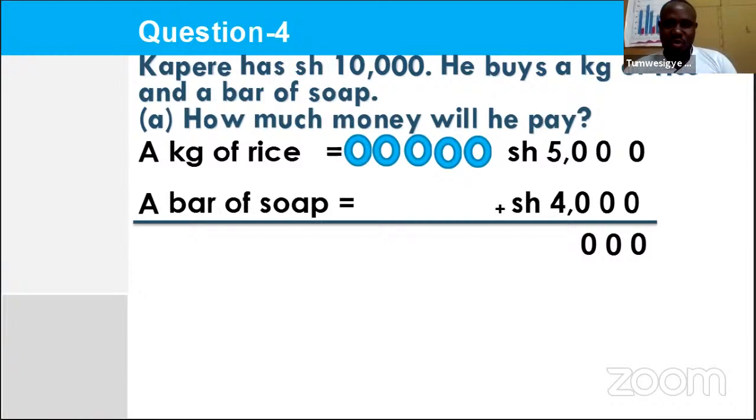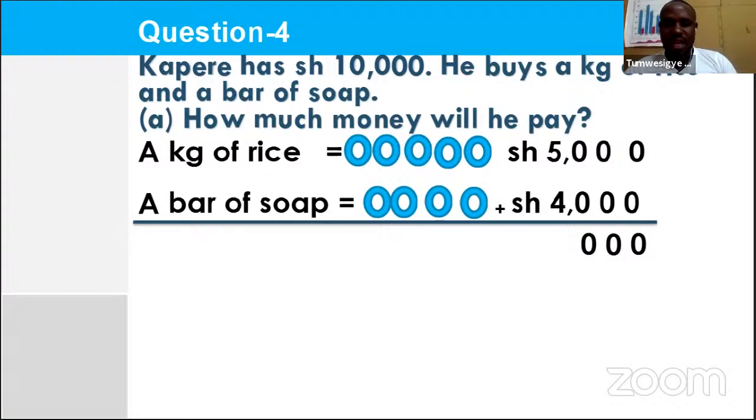What's next? We have to draw 4 counters here on the side of 4. 1, 2, 3, 4, and those are the counters that we have right now.